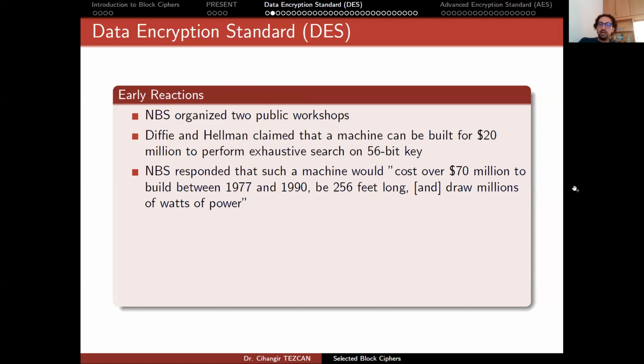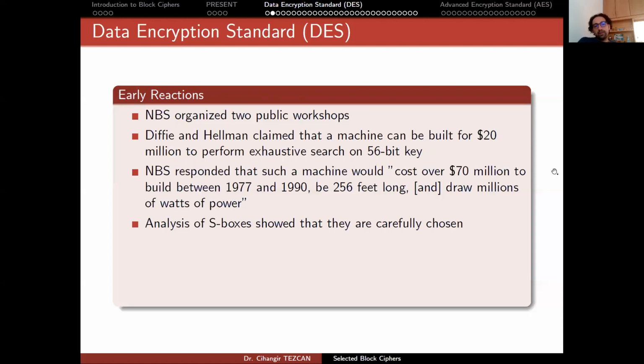There are many examples where this kind of calculation turns out to be wrong after technological advances. For instance, after the use of GPUs in scientific computing, many of these calculations turned out to be wrong.